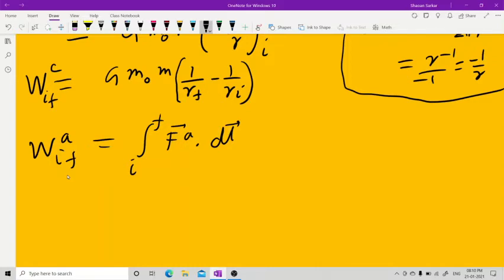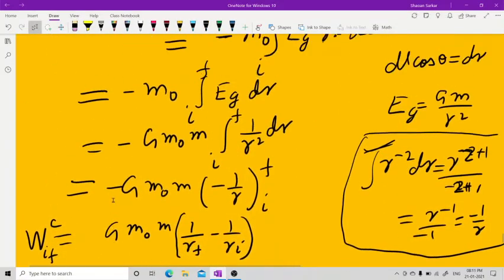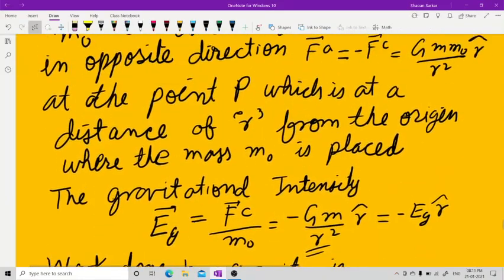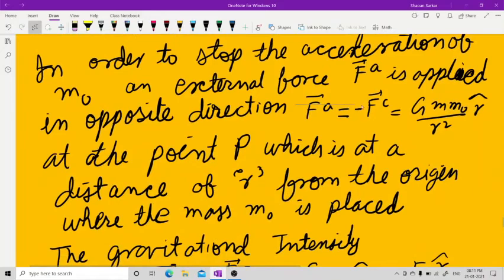Now what is FA? This is nothing but m naught eg. Why? You have seen this here. Just see this. You have seen FA is this quantity.